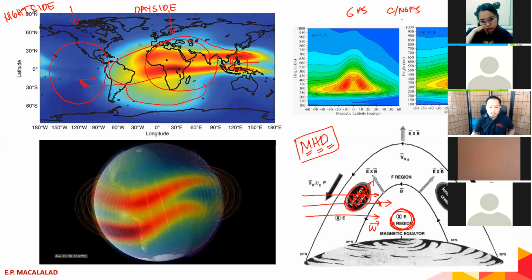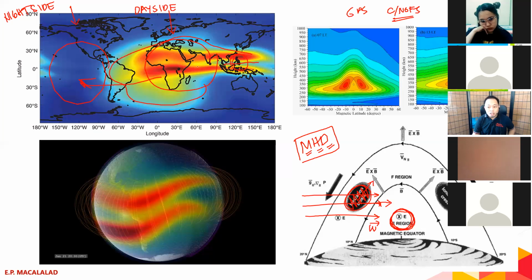So the C/NOFS satellite is actually a satellite system that focused on studying the equatorial ionosphere, because they recognize the fact that a lot of things are actually happening in the equatorial region.